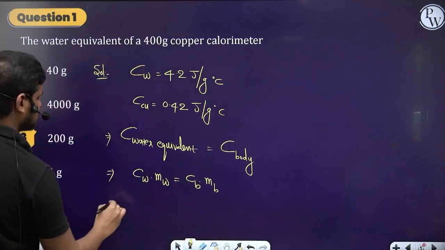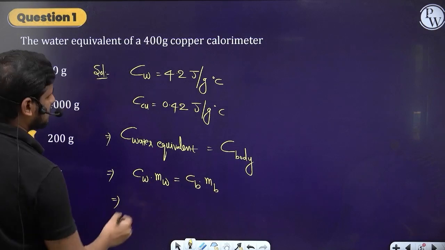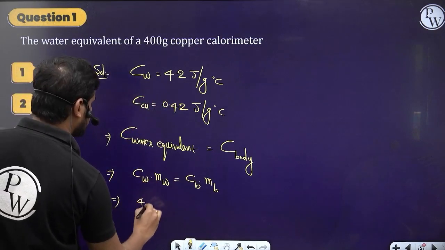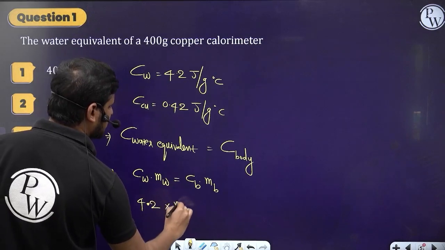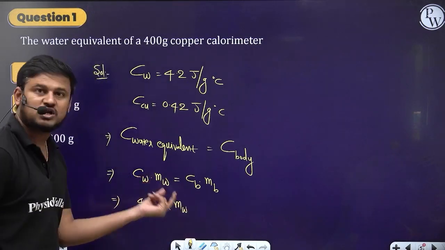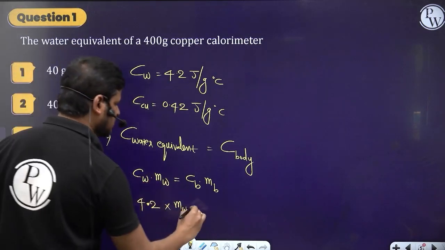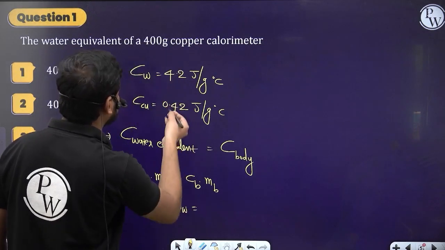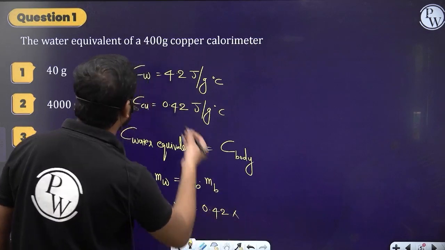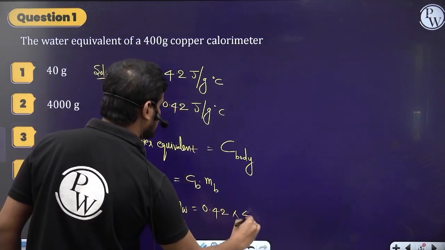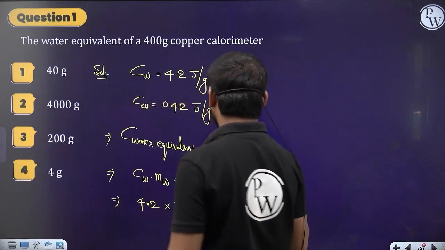Then substitute the values. For the water it is 4.2 joule per gram degree centigrade. The mass of the water is nothing but how much water you are taking, that is the water equivalent. And C of the body, here copper, is 0.42, into the mass of the body, which is 400.